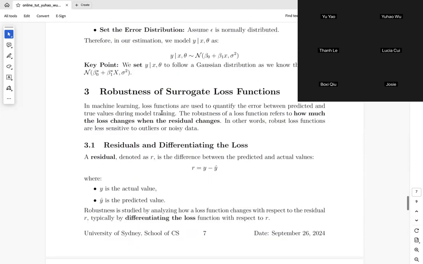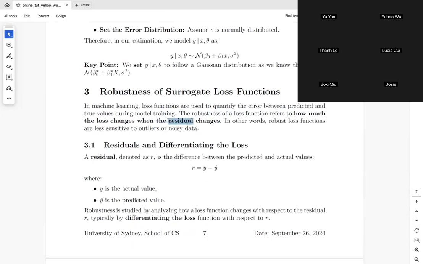And the last part is about the robustness of the surrogate loss function, because for this part we analyze the robustness of different loss functions. The definition: the robustness of a loss function refers to how much the loss changes when the residual changes.